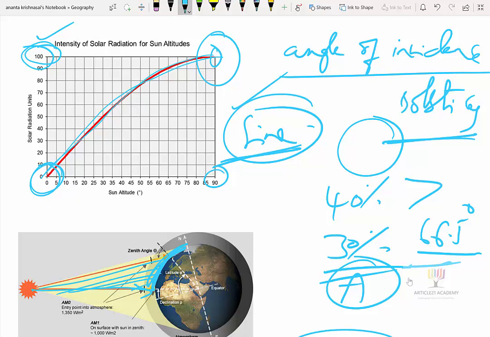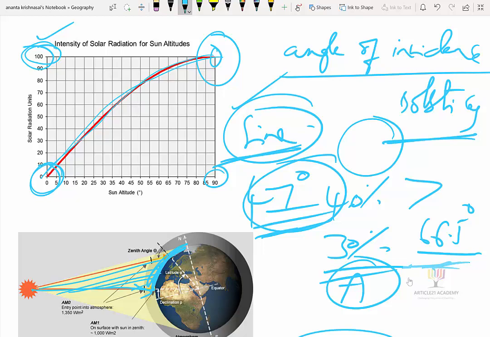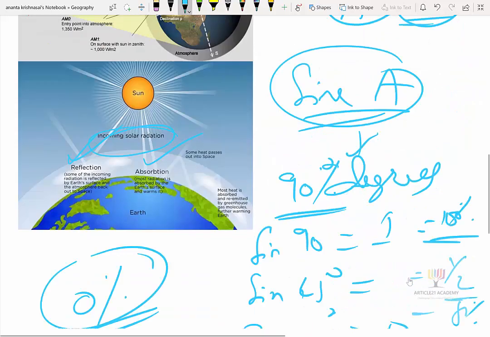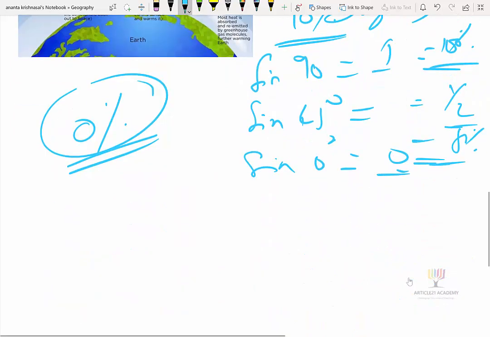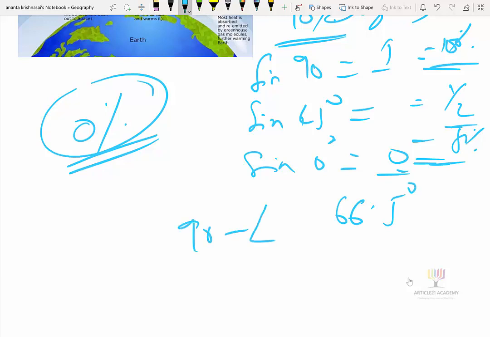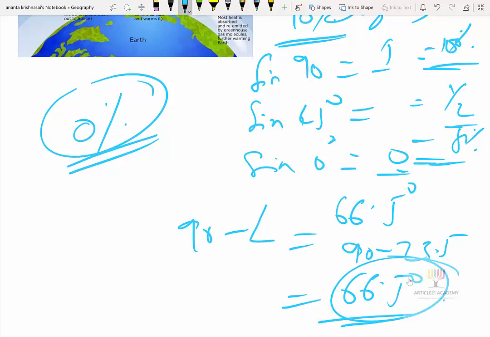That means it varies to the tune of 47 degrees in terms of its altitude, and the least altitude that is possible at the equator is 66.5, because when at 90 degrees it is overhead, the least level of variation possible in terms of altitude is 66.5 degrees, because 90 minus L must give you the answer, and hence 90 minus 23.5 must give you 66.5 degrees.